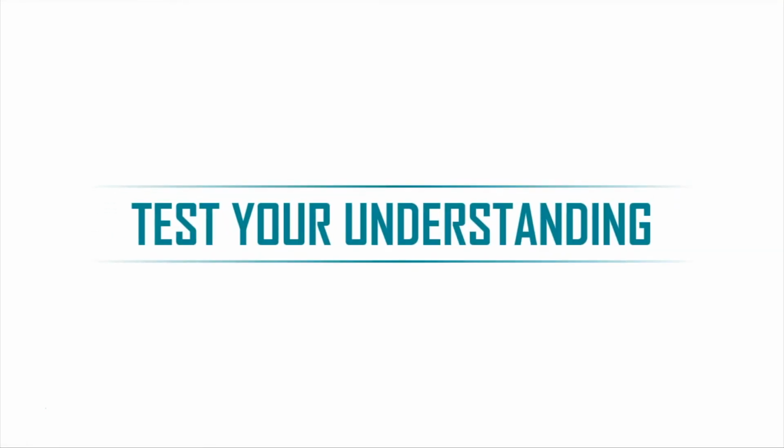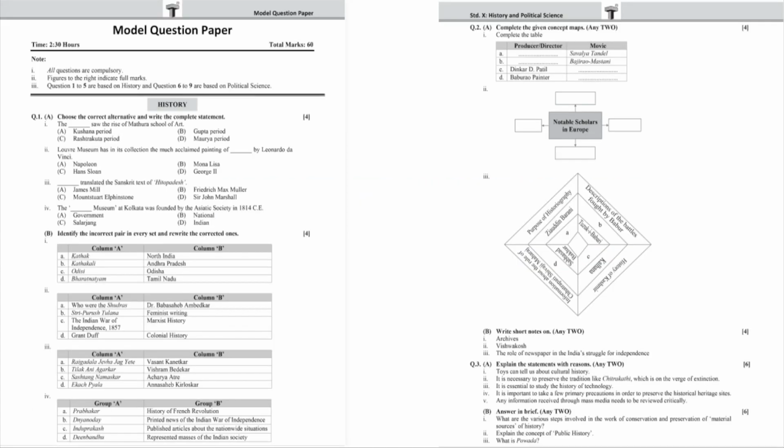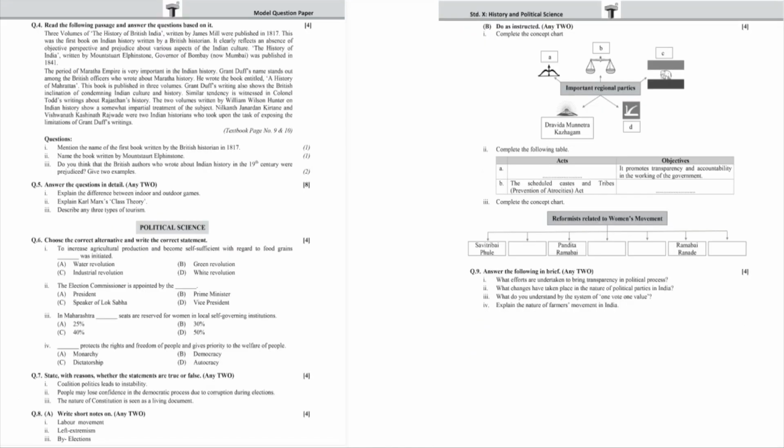Finally, we have also included a section to test your understanding, which means that you have been provided with a model question paper. Our question paper is built exactly as per the paper pattern, so that you will have the exact practice that you need to actually attempt your paper when it comes to it.